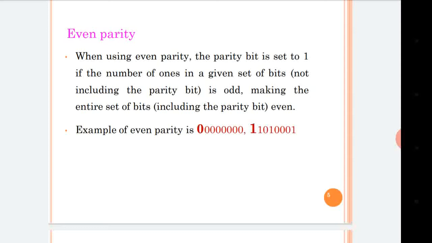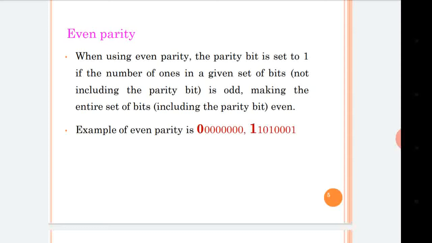Initially, in the first number of all 0, there is 0 times 1, which means 1 is absent. We have to add only one parity bit.